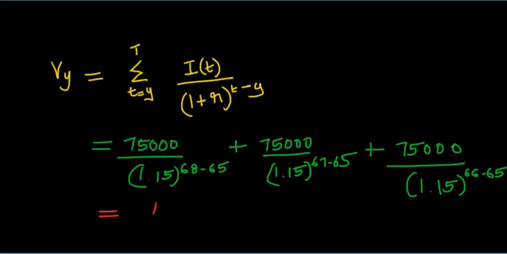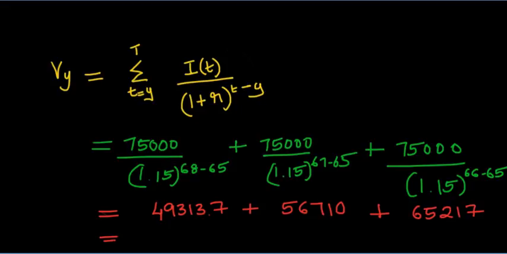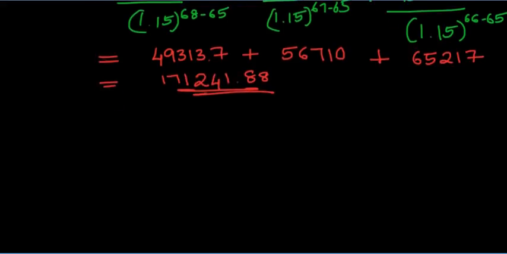Hence, the value of a single skilled worker amounts to 49,313.7 plus 56,710 plus 65,217, which totals to 1,71,241.88.